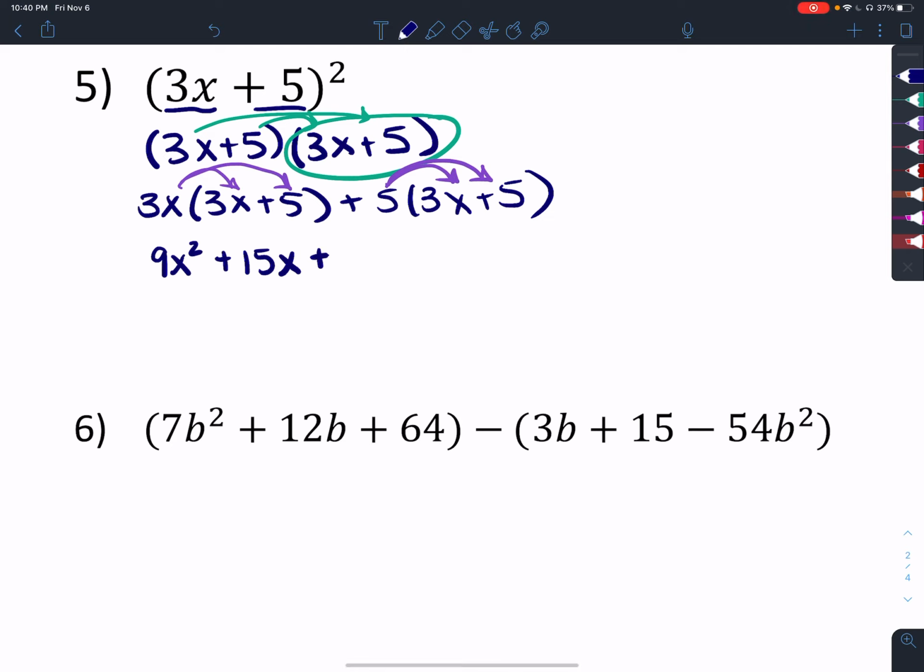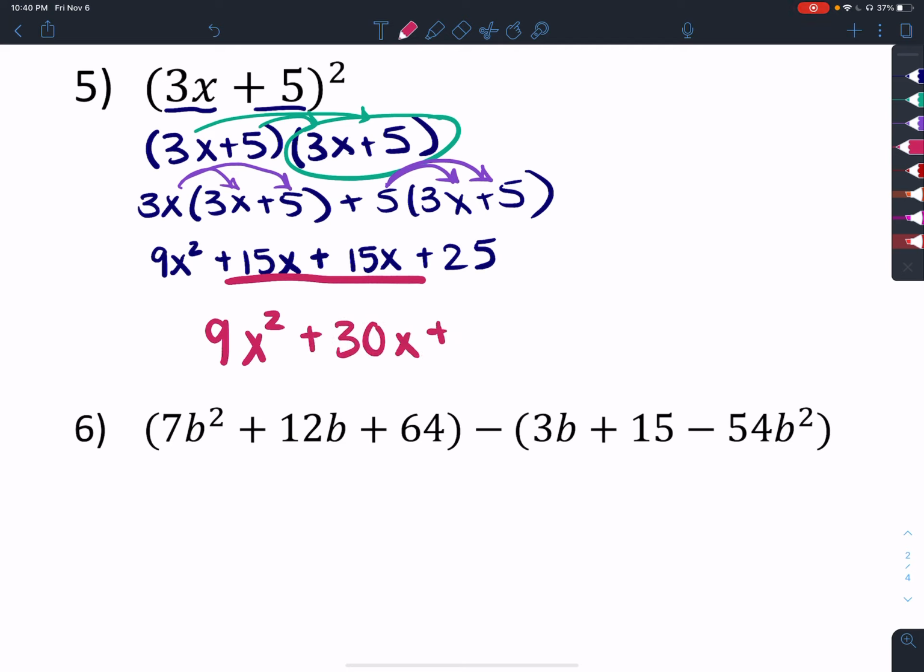Okay, so next one we have 5 times 3x, so we're getting another 15x, and then 5 times 5 is 25. So now we've done all our multiplying, we have to check if we have any like terms, and we do. We have these two 15x's, so we can simplify all of this to 9x squared plus 30x plus 25.